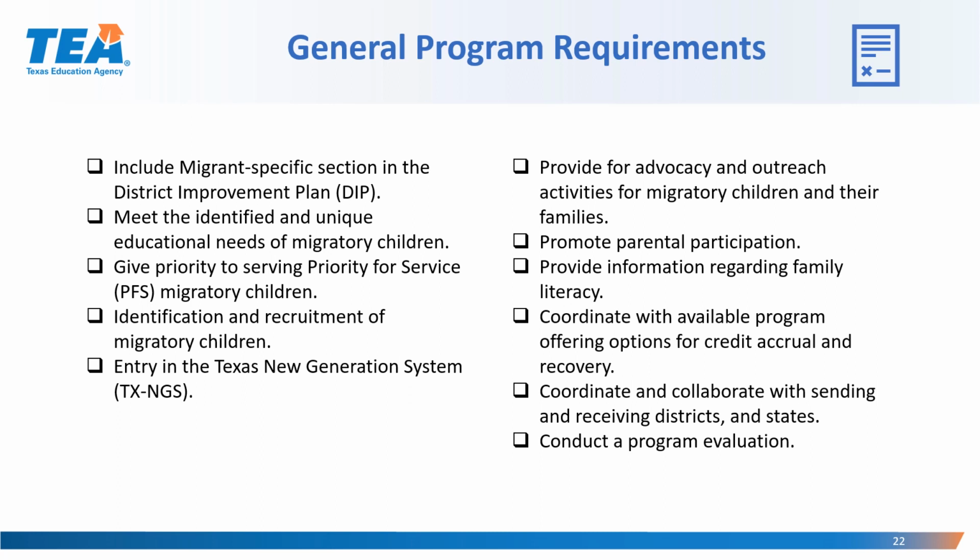Promote parental participation. Provide information regarding family literacy. Coordinate with available programs offering options for credit accrual and recovery. Coordinating and collaborating with sending and receiving districts and states, and conducting a program evaluation.